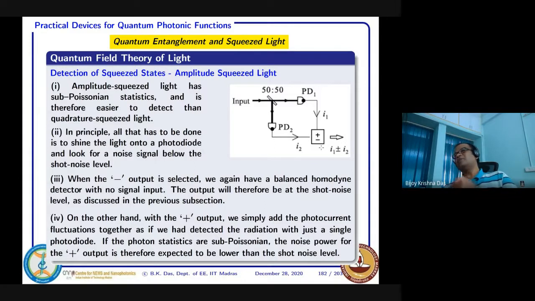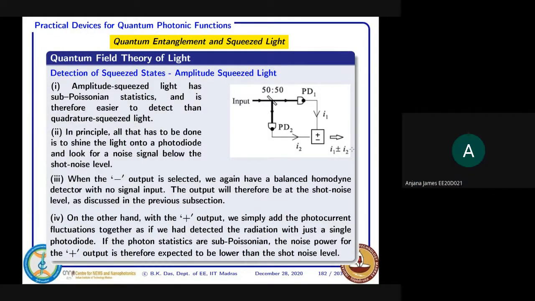So whatever noise level is there will be measured. Since that laser source itself is squeezed, whatever noise you get is lower than the shot noise. Is that clear? Yes, sir.